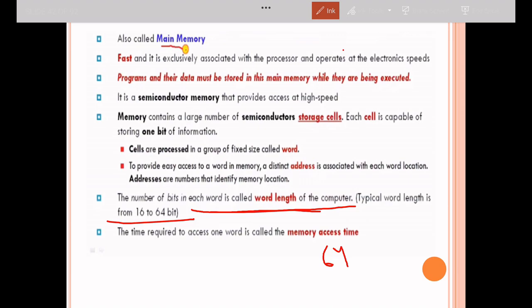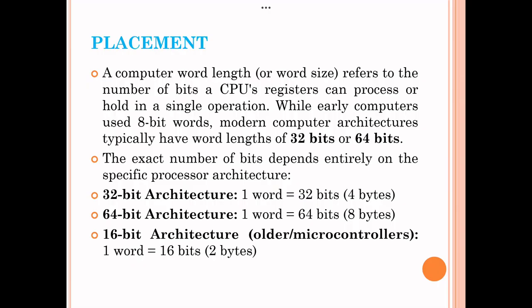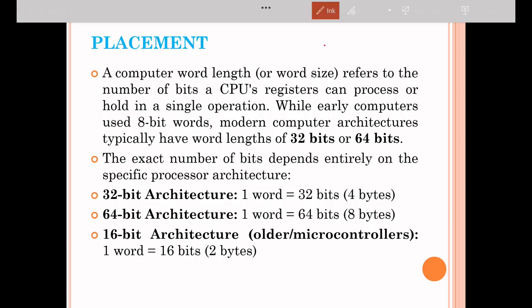Now we are going to the next page. I was talking about this. So you can see that earlier we used 8-bit modern computer architecture. Today it is 32 bits and 64 bits. What is the meaning of this? Nowadays we get computers whose architecture is based on 32-bit, 64-bit, and before it was 16-bit.